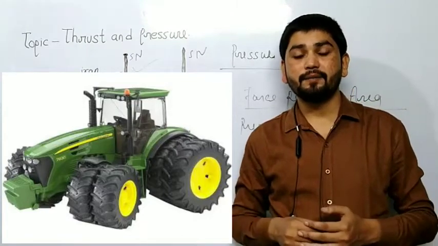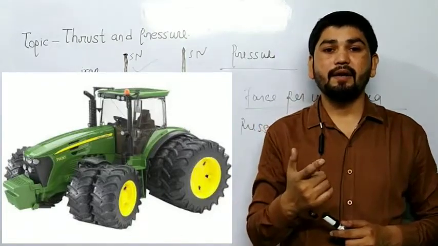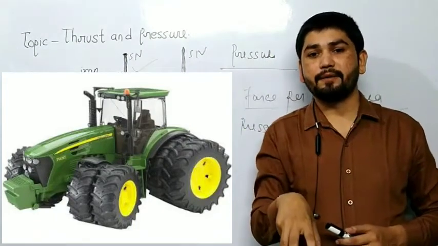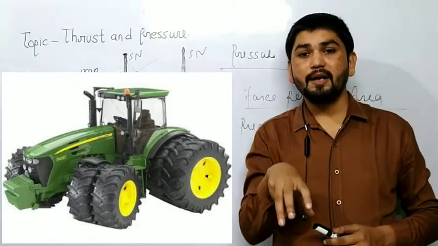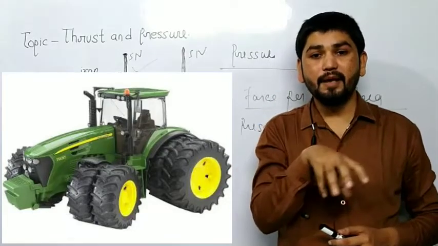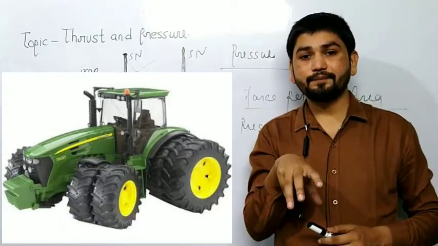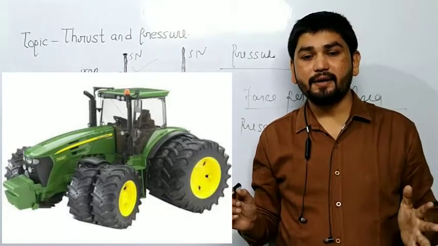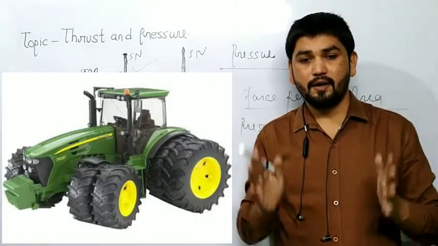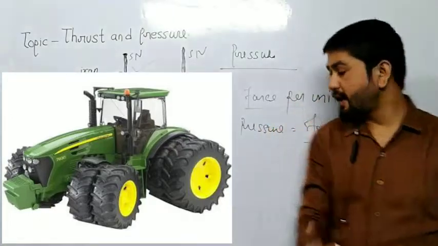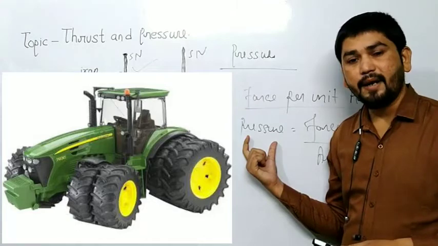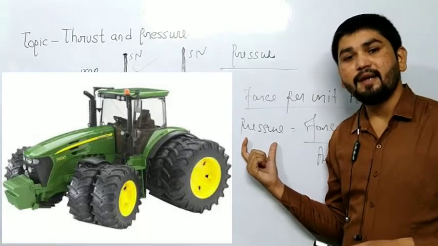If the area were less, the tractor might be embedded in the muddy field. That's why the tires of tractors are broad. Because area is greater, pressure applied will be less by the same force.